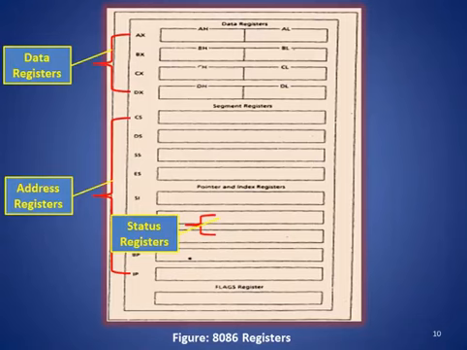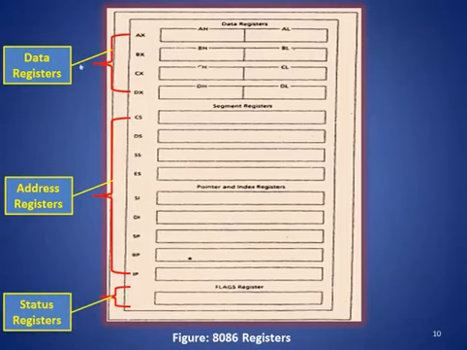Now look at the registers: AX, accumulator register, base register, count register, data register, code segment, data segment, stack segment, extended segment, source index, destination index, stack pointer, base pointer, instruction pointer. I mentioned all the names of the registers. Can you remember all these, guys?